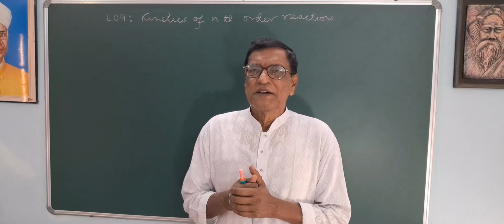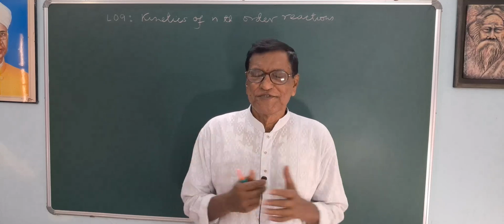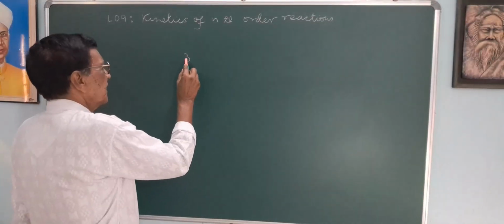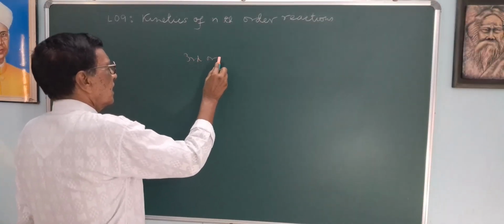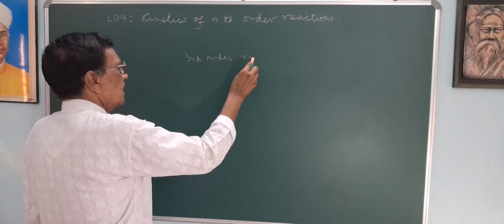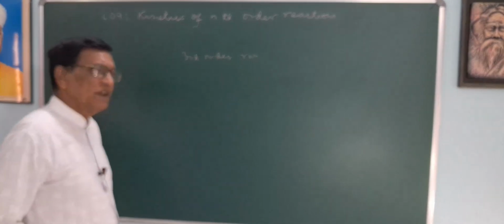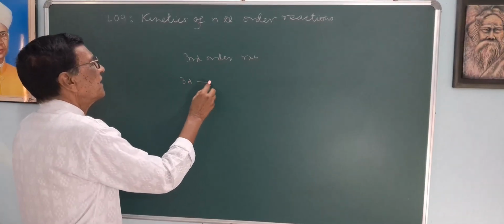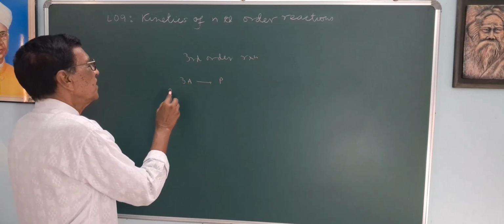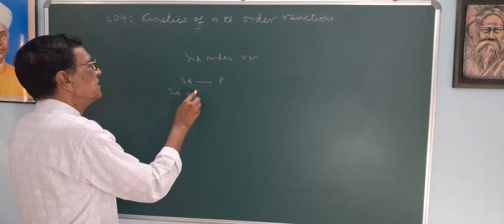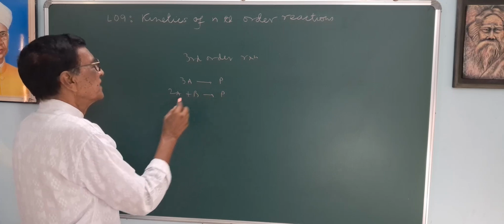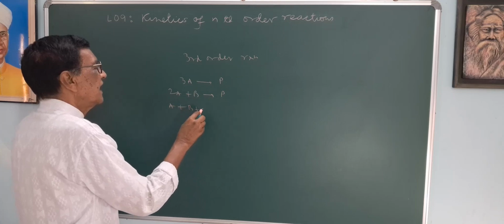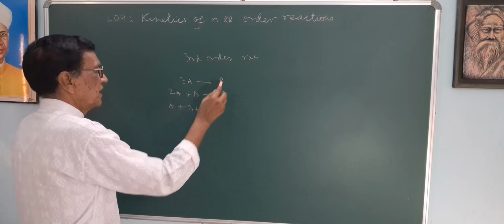A third order reaction may be of three types: 3A giving the product, or 2A plus B giving the product, or A plus B plus C also giving the product.